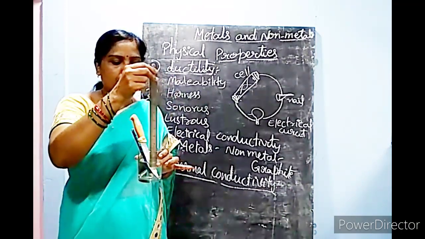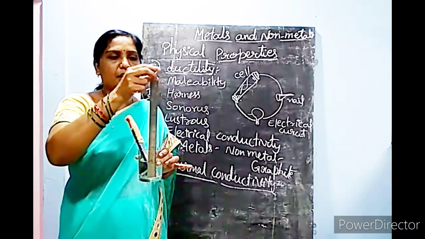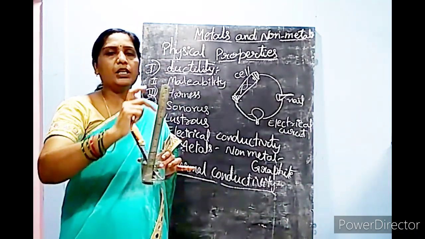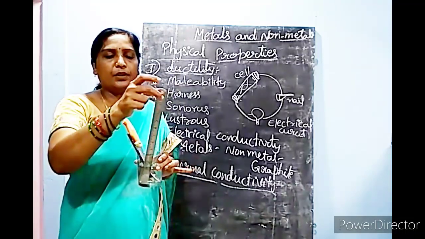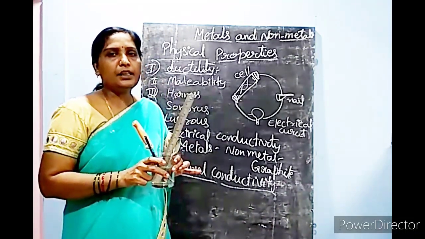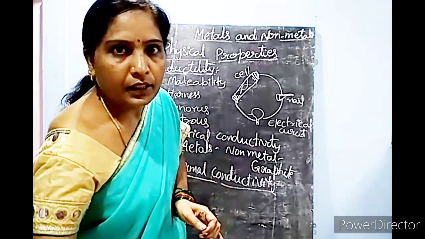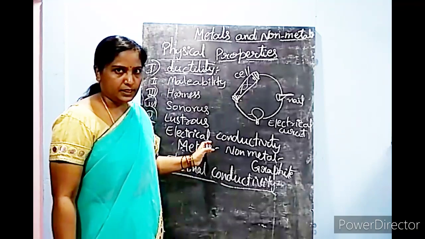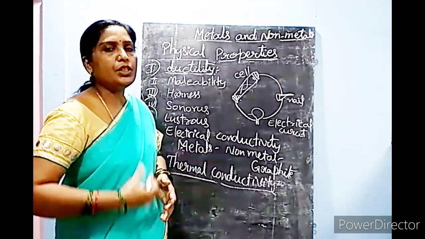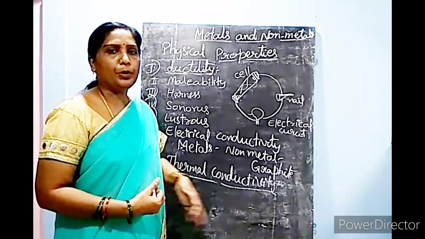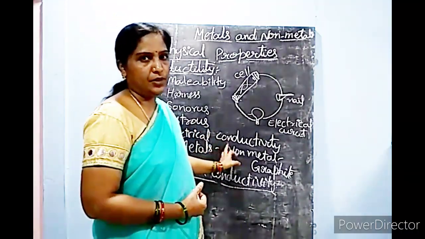For example, this scale's other end is very hot because it's allowing the heat to pass through it. Like this, you can test the thermal conductivity in different materials. The materials which allow the heat to pass through them show the property of thermal conductivity.